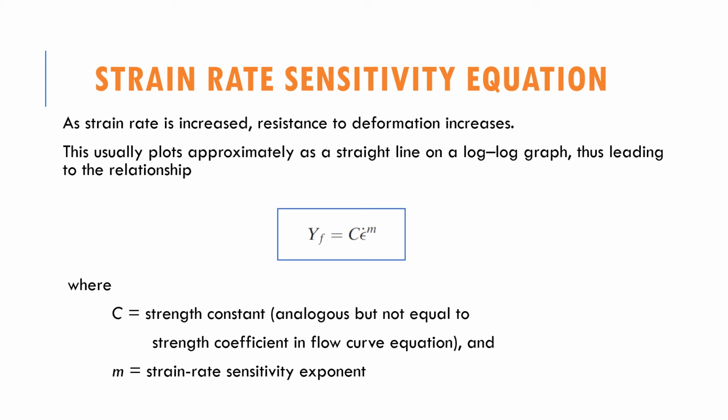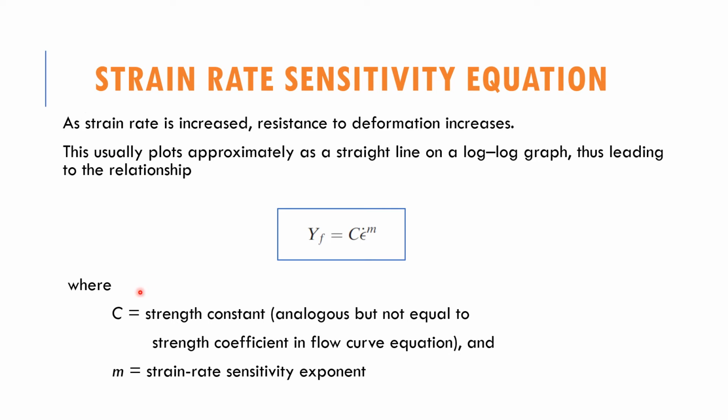As the strain rate increases, resistance to deformation also increases. This is usually plotted as a straight line on a log graph. This leads to the equation Yf equal to C epsilon dot to the power of m, where C is the strength constant and m is the strain rate sensitivity exponent.